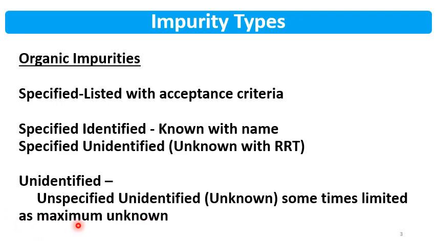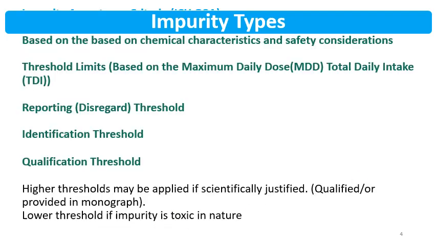So the limit is given as maximum unknown impurity, and the threshold for this maximum unknown becomes the identification threshold. If this unknown impurity crosses the identification threshold, then the impurity is required to be made known. And once the chemical structure and name are there, it will have a qualification threshold.